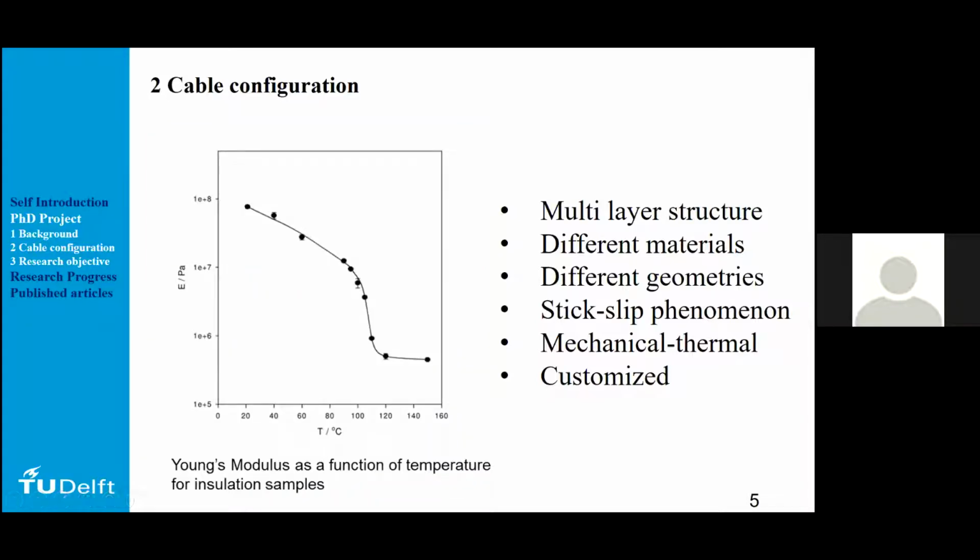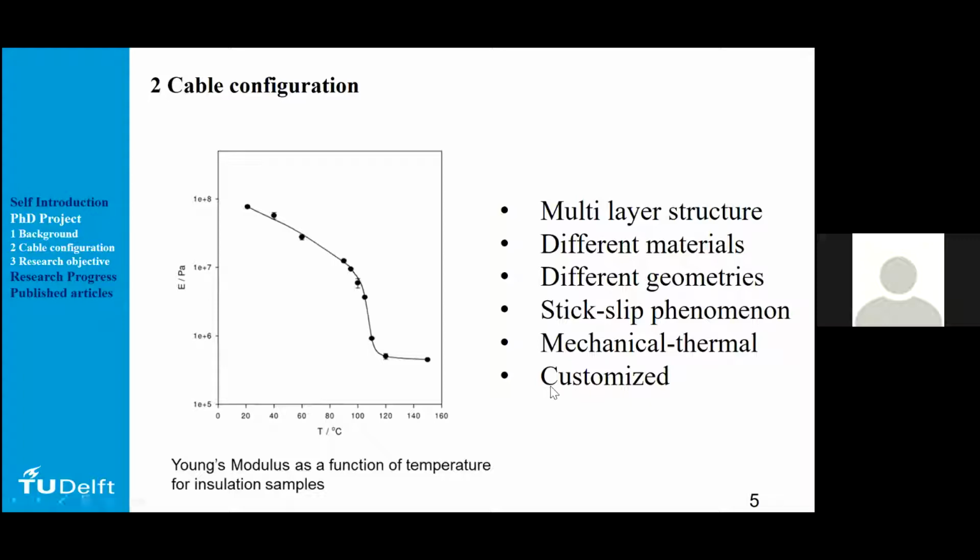According to the literature, for example, the images here show the Young's modulus is highly dependent on the temperature of the insulation layer. And we all know that the insulation layer is in close contact with the copper conductor, which would generate a lot of heat in practical engineering. So the problem with regard to the insulation also deserves more attention.